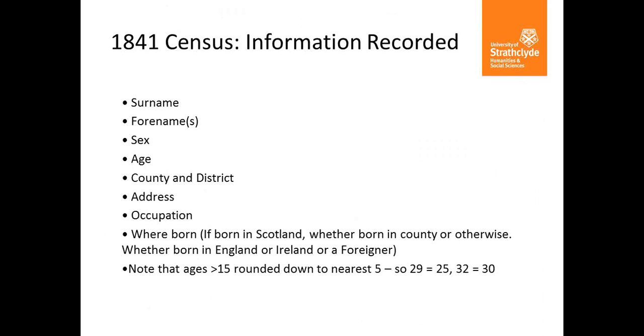The information, just as we've talked about, was recorded: their names, whether they were male or female, their age, where they were living, and their occupation, if they were born in the county, and again a notification there of the ages being rounded down.